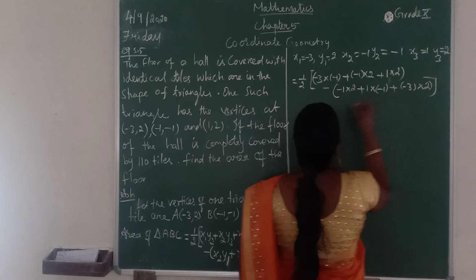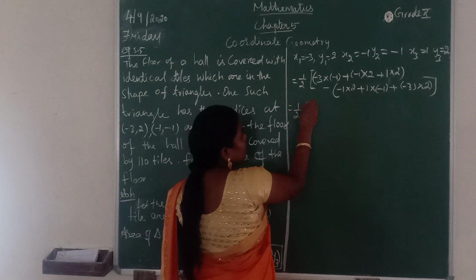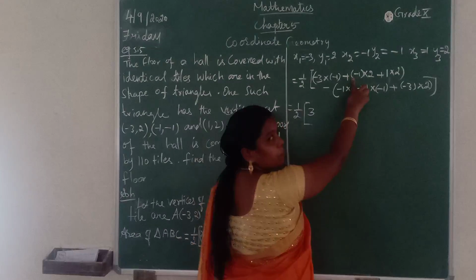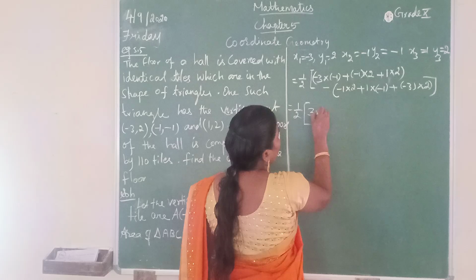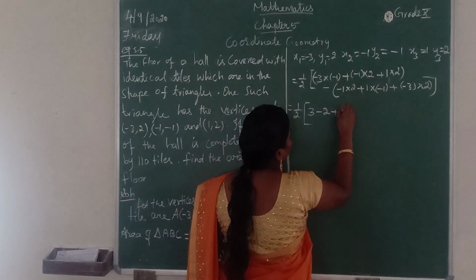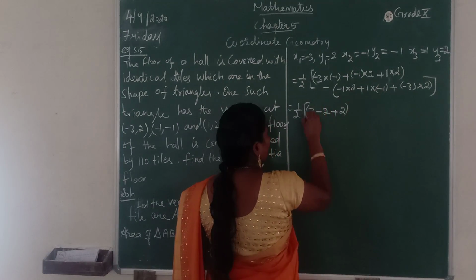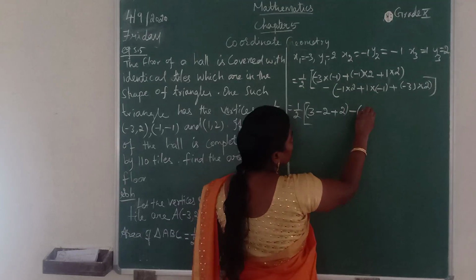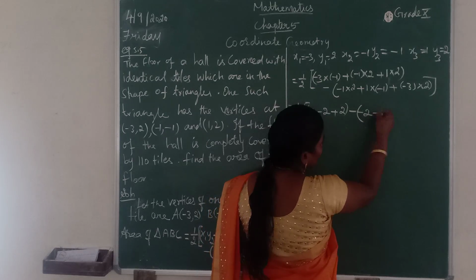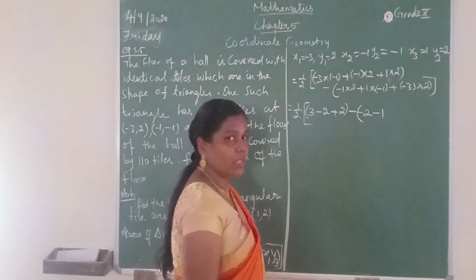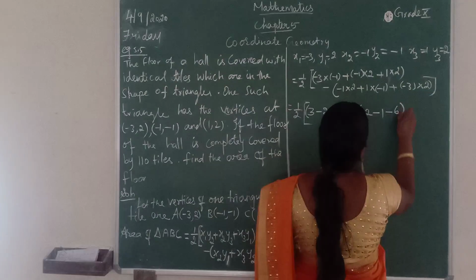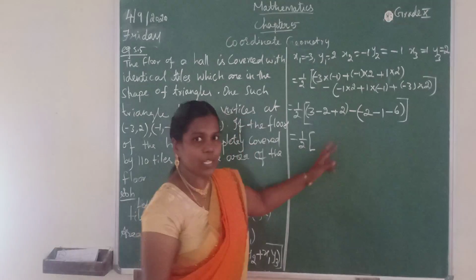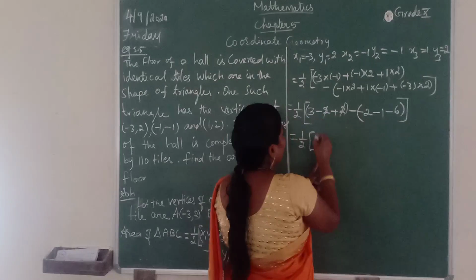Close the bracket. That is equal to 1 by 2 into, let's multiply: minus 3 into minus 1 is 3, then here plus minus 1 into 2 is minus 2, plus 1 into 2 is 2. Close the bracket. Minus of minus 1 into 2, minus 2; 1 into minus 1, minus 1; minus 3 into 2, minus 6. Which is equal to 1 by 2 into, here minus 2 plus 2 can be cancelled, remaining 3.